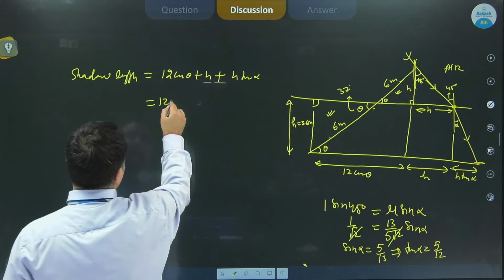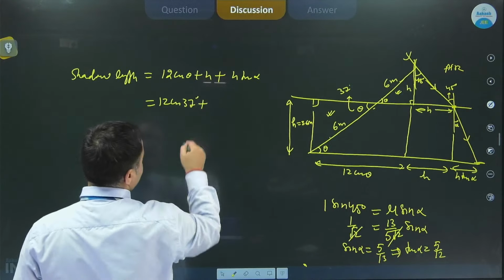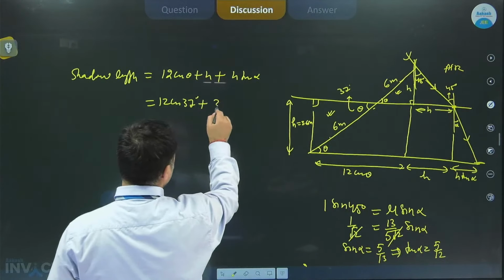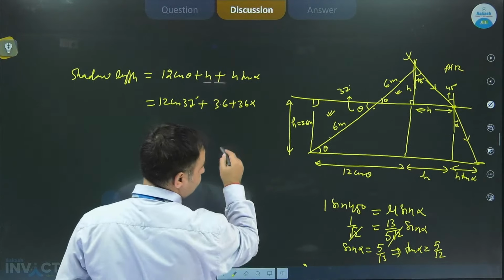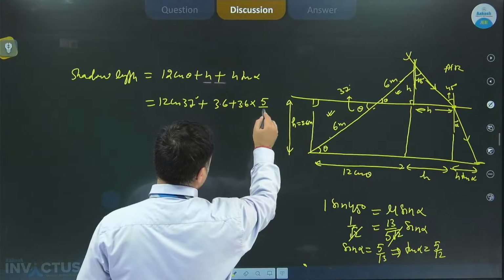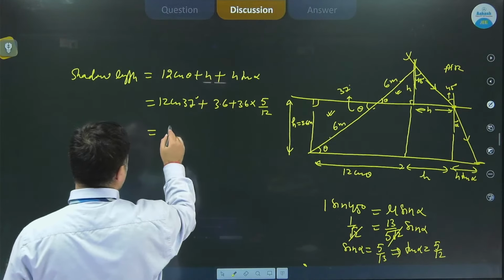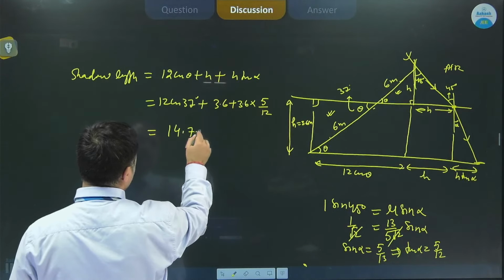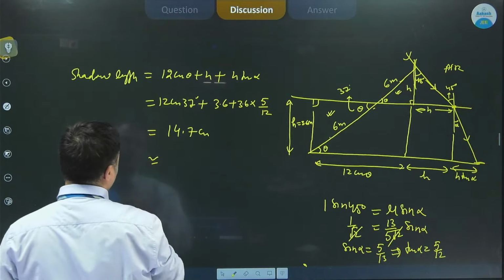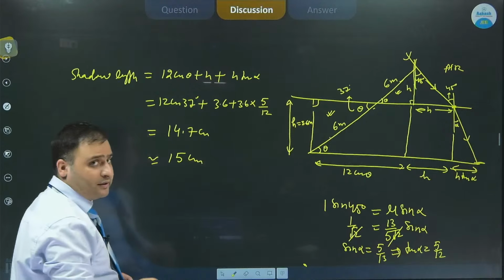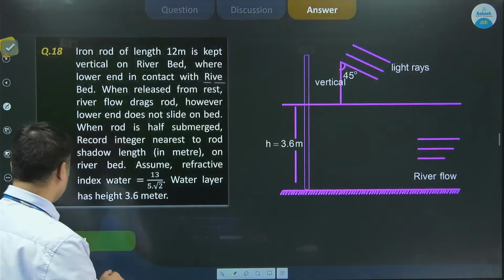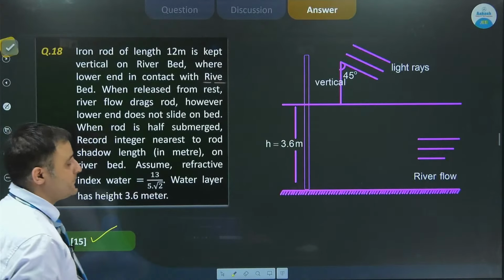So 12 into cos 37 plus h, which is 3.6, plus 3.6 into tan alpha, which is 5 by 12. On solving this, it will come out 14.7 centimeter. So for the nearest integer, it will be 15 centimeter. Now let's check the answer. Yes, 15 centimeter is the answer.